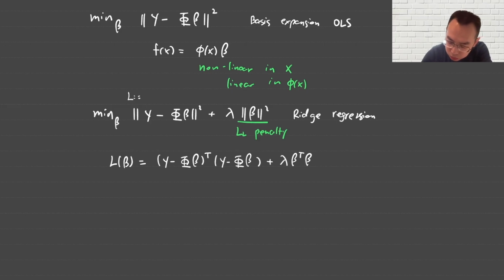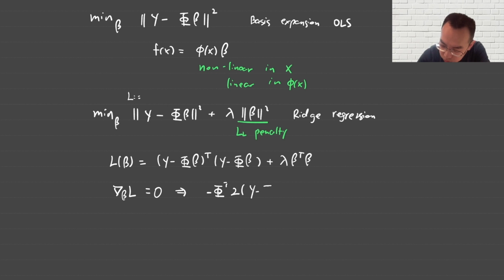And then we just do the derivative, and this is equal to 0. That gives us minus phi transpose times 2 times (y minus phi beta) plus 2 lambda beta equals 0.